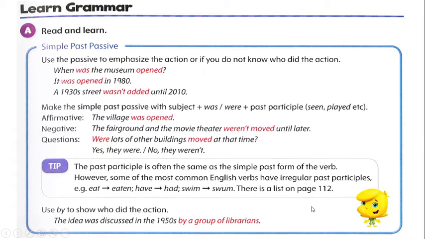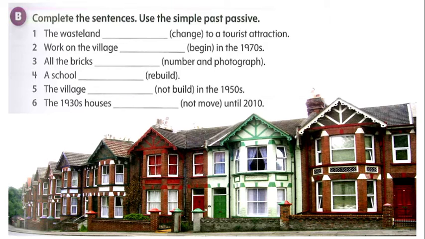There is a list on page 112. Use by to show who did the action. The idea was discussed in 1950 by a group of librarians. So let's go ahead.